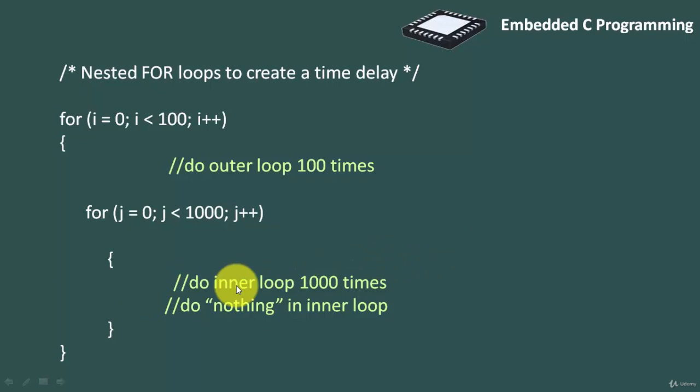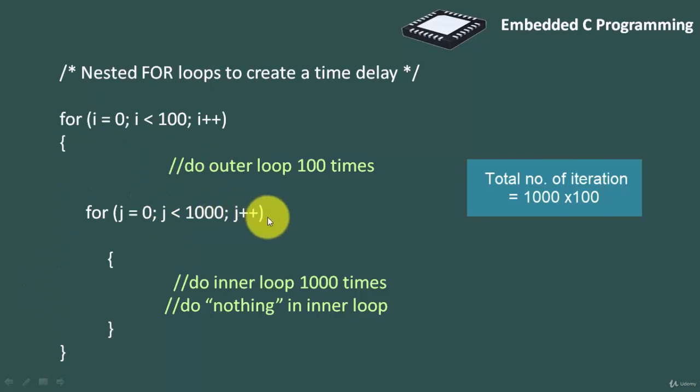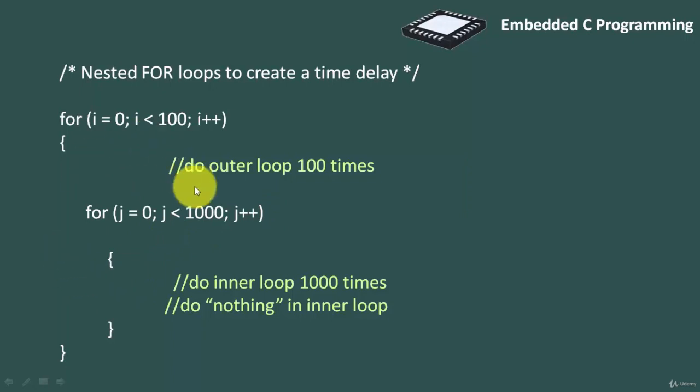Now the question is how the delay gets created. This loop will iterate 1000 times, and the outer loop will iterate 100 times. It means both loops combined will iterate 1000 multiplied by 100 times. Since this process gets executed 1000 multiplied by 100 times, it will consume some time, and that is how we generate delay.